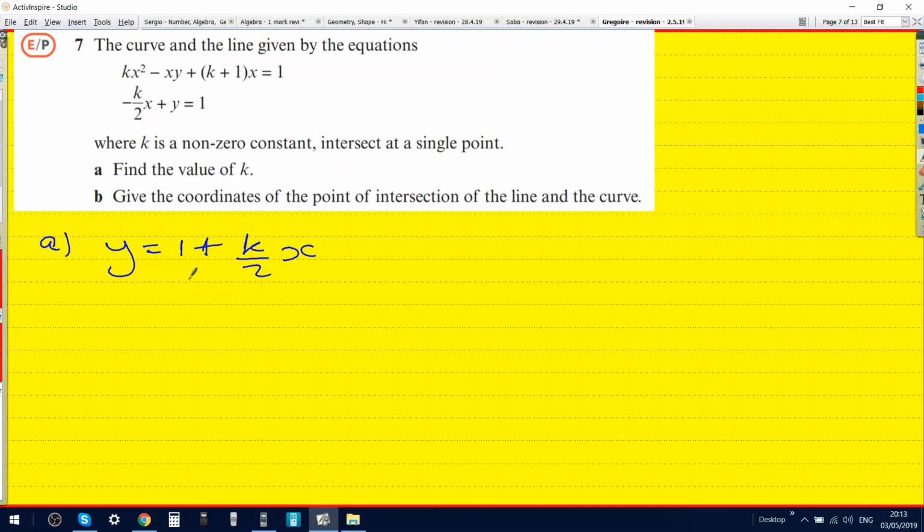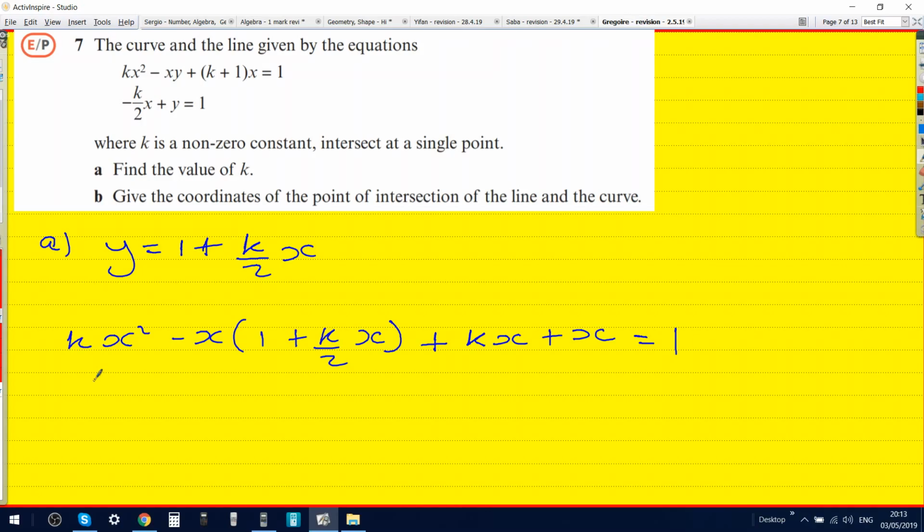So k bracket 1 plus k over 2x squared minus x 1 plus k over 2x and so on. And then same thing. And then we open the brackets, we multiply out the brackets.